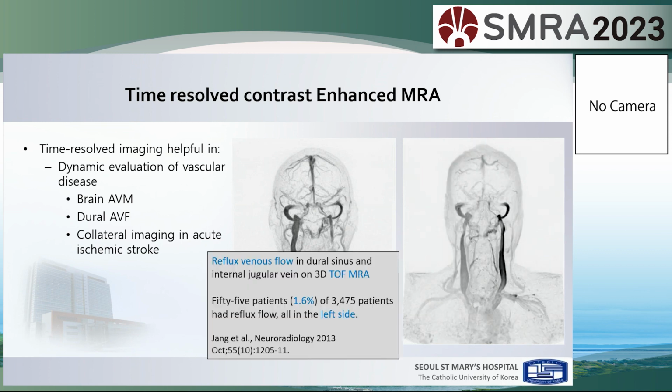Actually, in our experience from evaluation of more than 3,000 patients, about 1.6% have a retrograde venous reflux on the left side, in normal non-symptomatic patients. So it is not a small number. So to get a contrast-enhanced MRA angiography, and also other dynamic contrast enhancement studies as well, it is better to inject the contrast media on the right side.